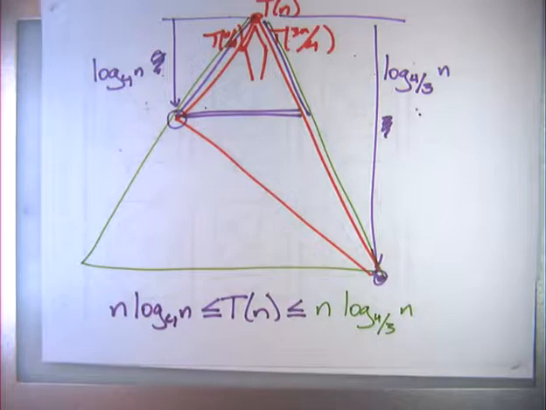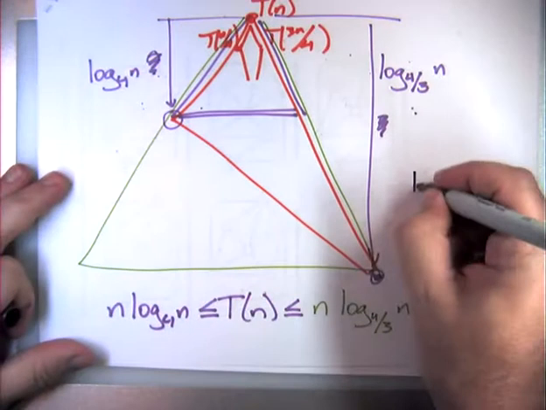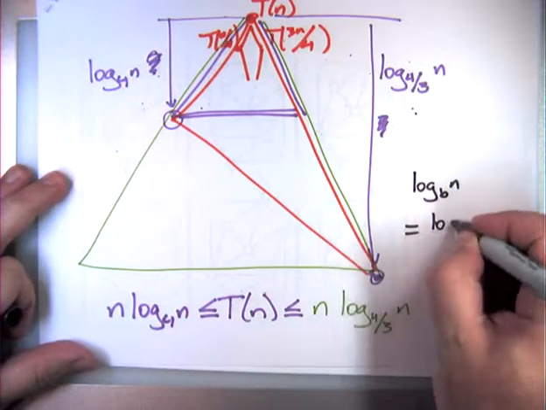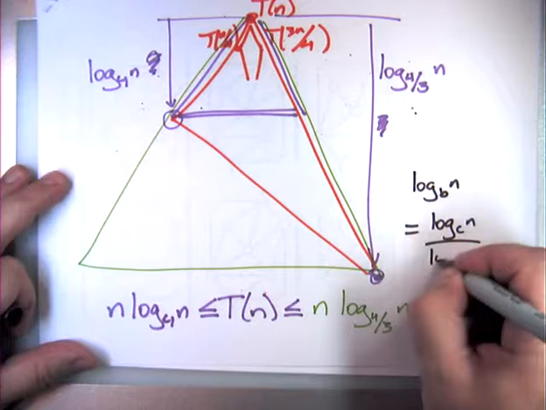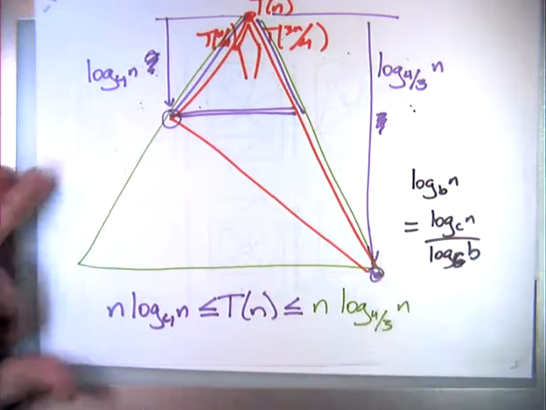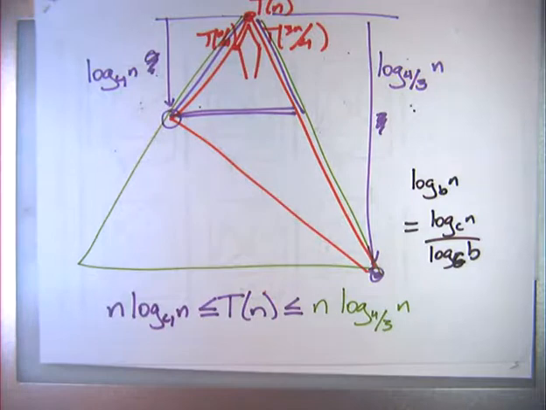Now, one of the wonderful things about big O notation is I don't care about the base of the log. There's this wonderful little identity, which is one of the things that you should write on the cheat sheet, not on this exam because it's not going to matter, but on future exams.